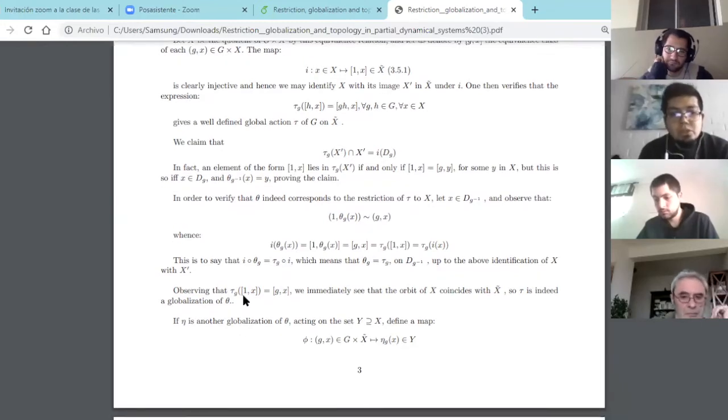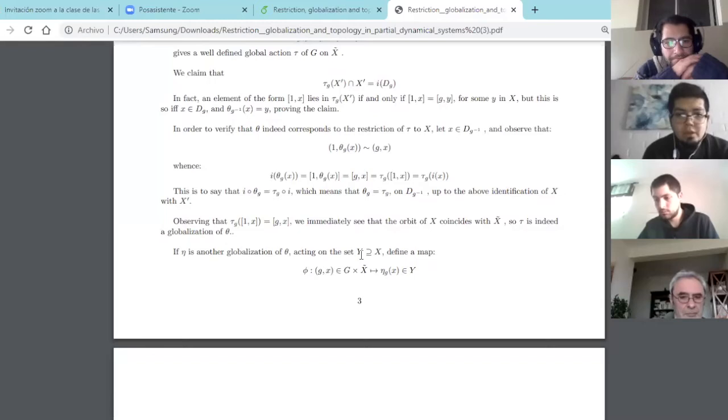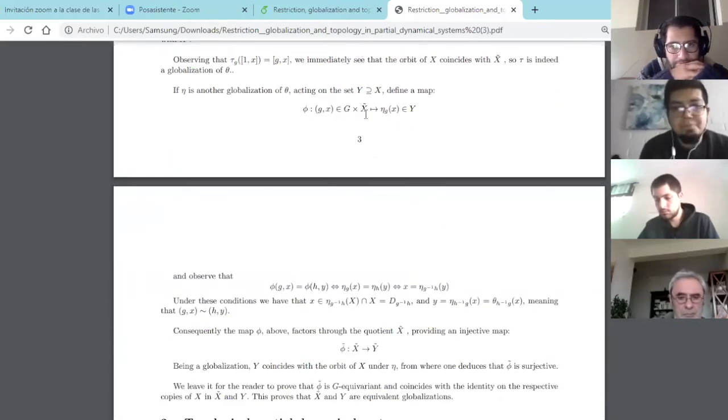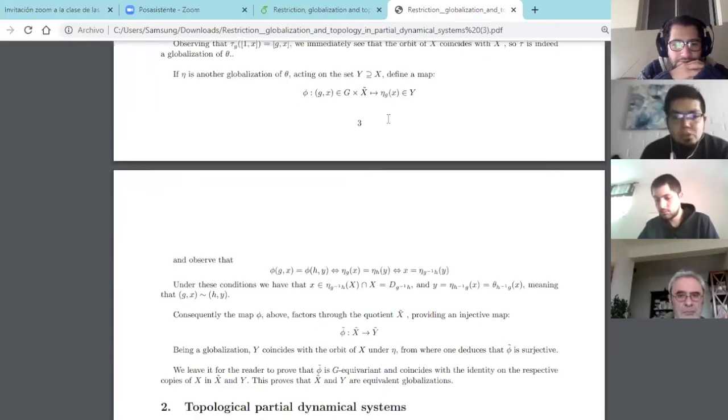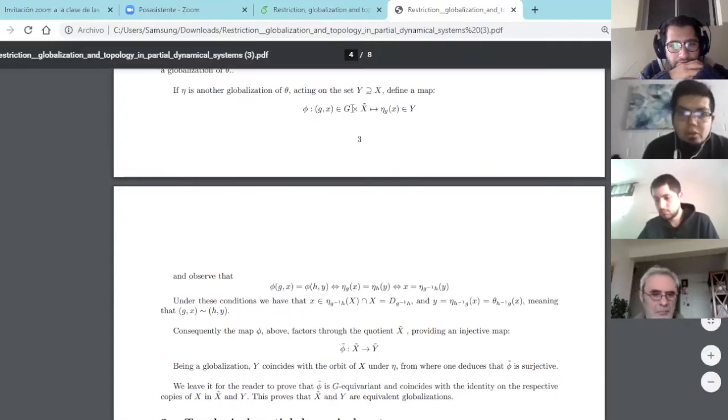Yeah. So now what the author wants to check is that this globalization is actually unique in this category. So we consider another globalization, eta, that has a domain Y, and it defines this map. It says that on G times the globalization, the original we had, we can send it to eta of G acting on this element.